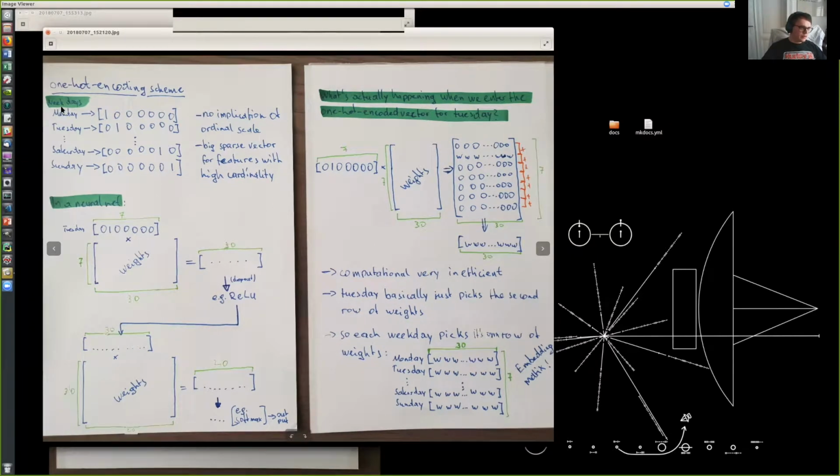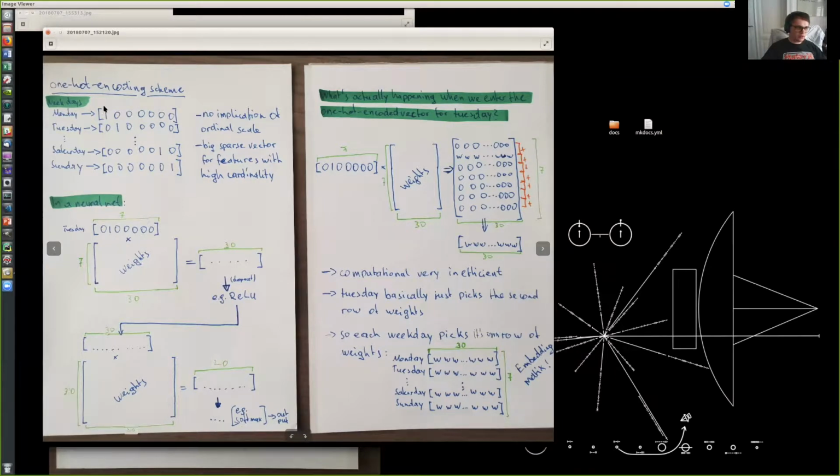This is an example with weekdays, the same that Jeremy had in the lecture. When you have a factor variable with 7 instances, like weekdays, you have a 7 long vector, and you put in a 1 for Monday in this case, and in the second place for Tuesday, and so on, and all the other values are 0.